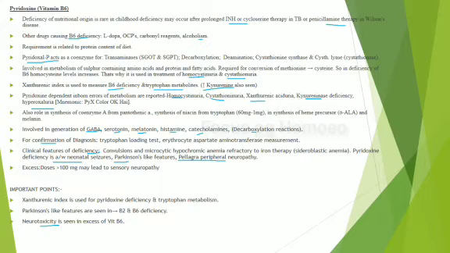Excess dose may lead to sensory neuropathy. Important point here is xanthurenic index, which is used for pyridoxine deficiency and tryptophan metabolism. Parkinson-like features are seen in B2 and B6 deficiency. Neurotoxicity is seen in excess of vitamin B6.